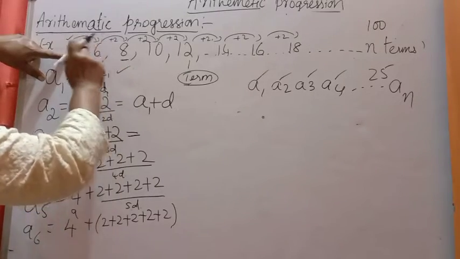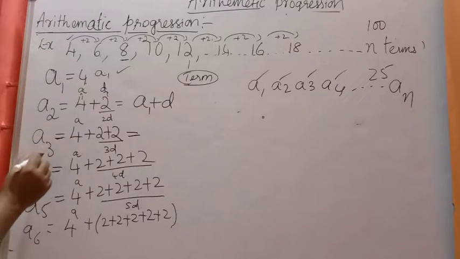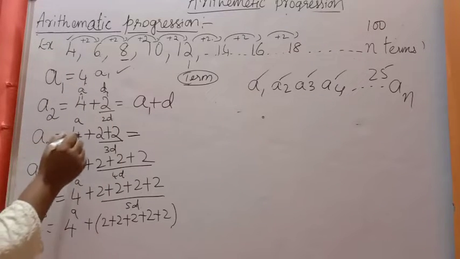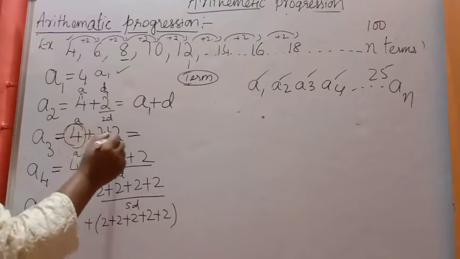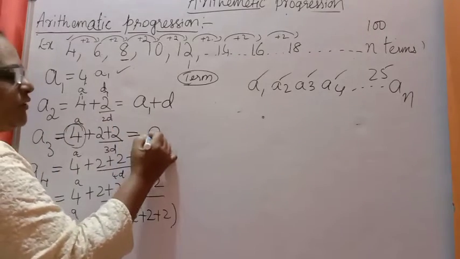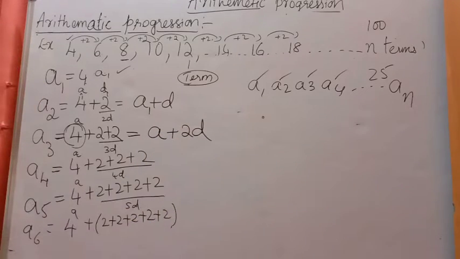I have to add 2 two times. So A3 is equal to A plus 2 times the difference, 2D. First term plus 2 times the difference gives you the third term.